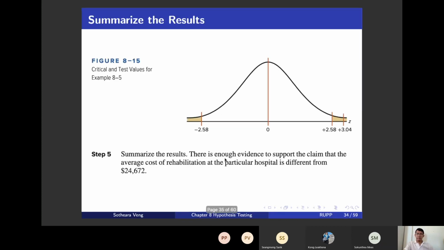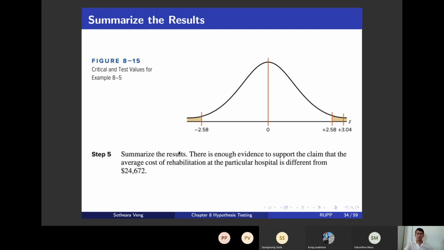Here, this is the rejection region. We have two parts: the value less than this value and the value greater than this. We found our test value to be 3.04, which is inside this part of the rejection region. That's why when our test value is inside the rejection region, we have to reject.